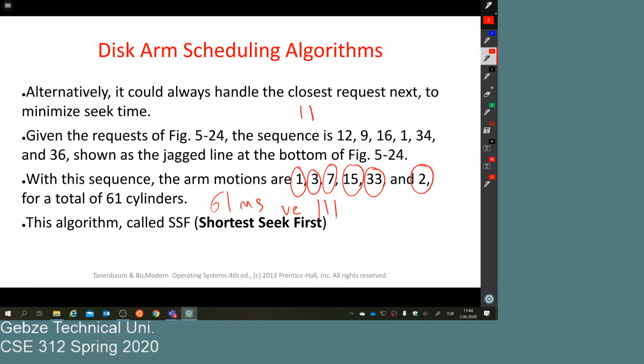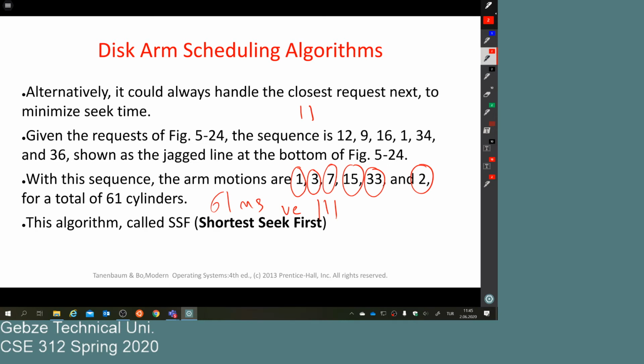So 61 is shortest seek time first, and 111 is first come, first served. If I change my scheduling algorithm, I am saving 50 milliseconds. That's a very long time in a computer environment.